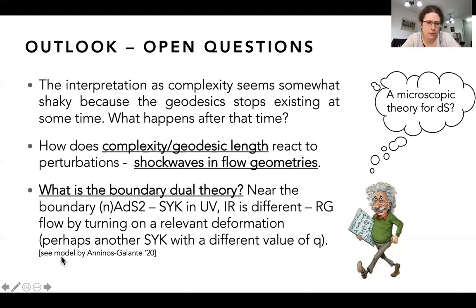And one proposal that was made in this paper is that perhaps you can use an SYK with a different value of the number of fermions that interact in each term of the Hamiltonian. And they were seeing some kind of supporting evidence for that in the behavior of the heat capacity, etc.